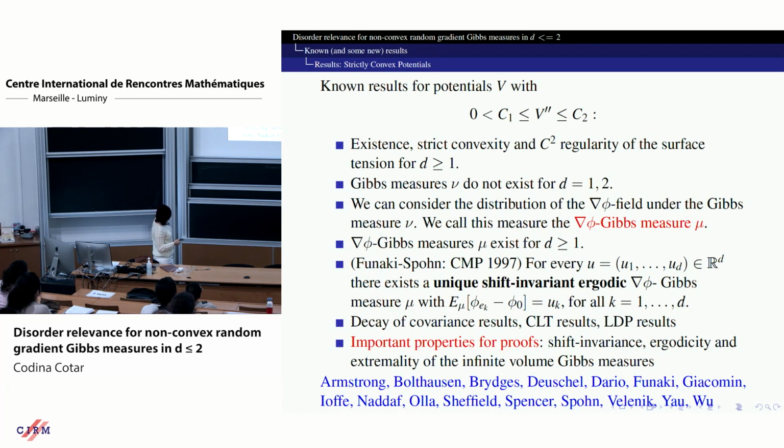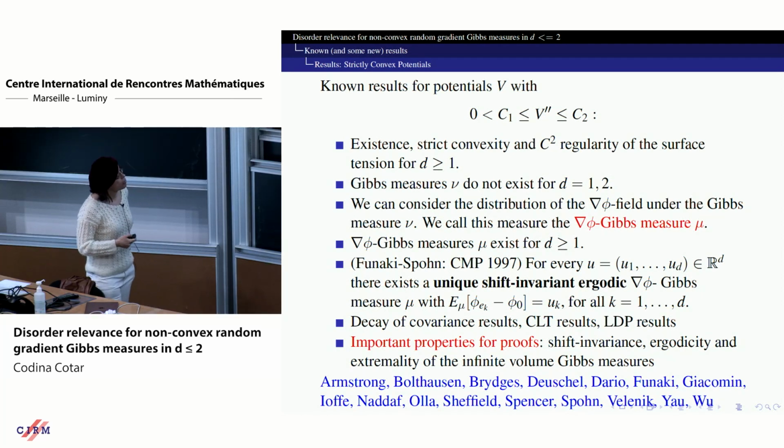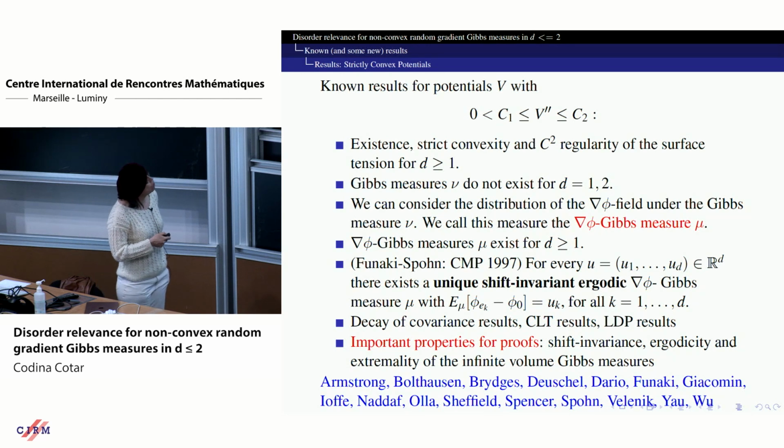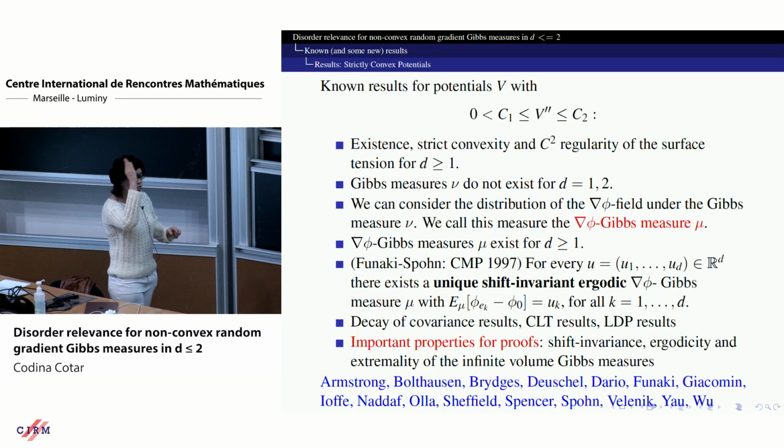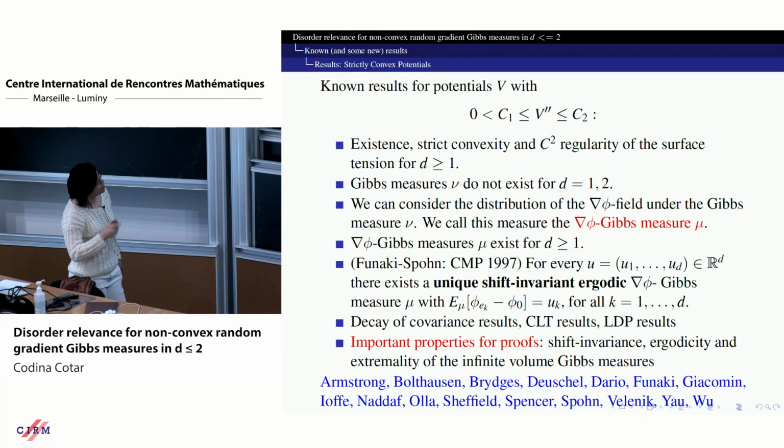So if I fix u in R^d, there exists exactly one gradient Gibbs measure such that when I look at the expectation of these gradients with respect to this measure mu, it is equal to the tilt in that direction. I look at the difference of the gradient in a particular direction, and this expectation is equal to the tilt in that direction.